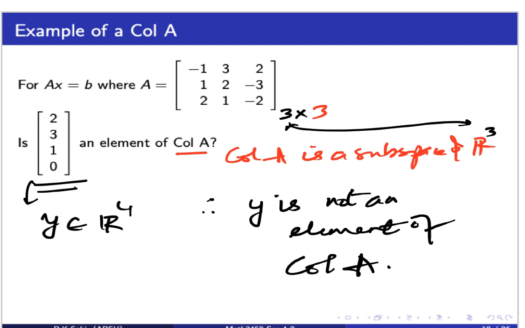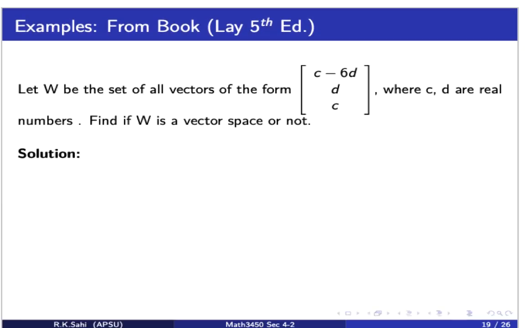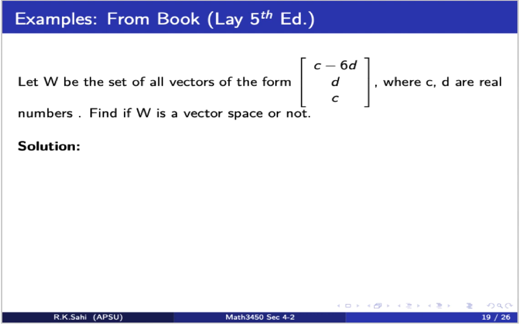Okay, now we're going to do some examples from the book on the column space of matrices. It says: let W be the set of all vectors of the form C minus 6D, D and C, where C and D are real numbers. So the question is whether this W is a vector space or not. Now, remember one thing.